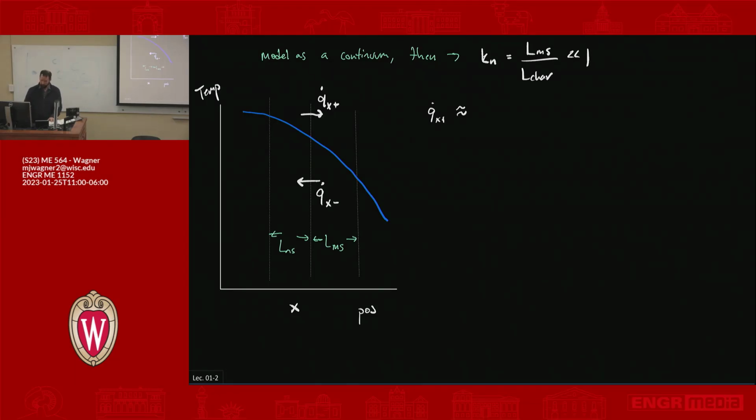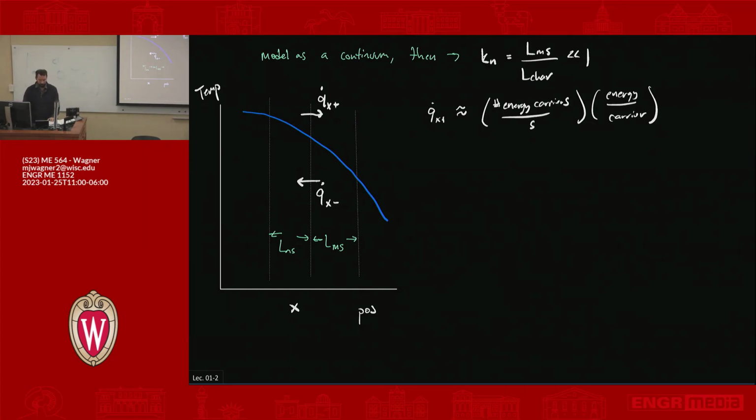Approximately, Q dot x plus is predicted by the number of energy carriers per second times the energy per carrier. That gives us a heat flow across that boundary.